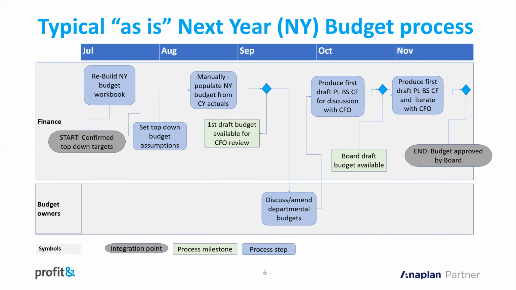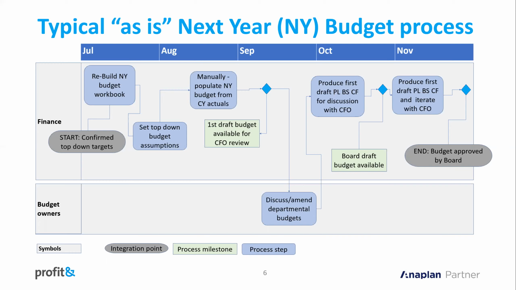They start in July and they completely rebuild multiple budget workbooks. And they then adjust them for some top-down assumptions, and they manually populate the next year budget numbers from current year actuals. At that point, they're in a position to at least show it to the CFO. So that's 2 to 3 months into the process, they're in a position to show some numbers for the following year to the CFO.